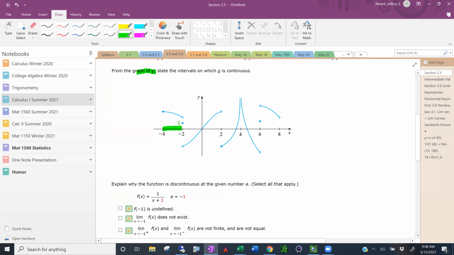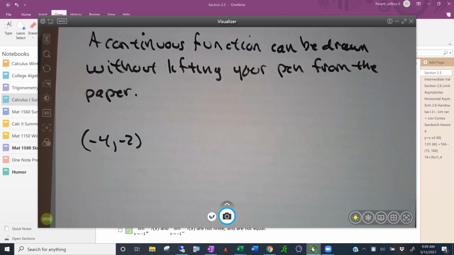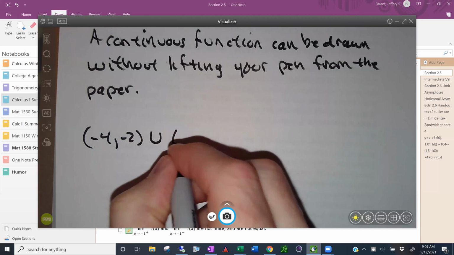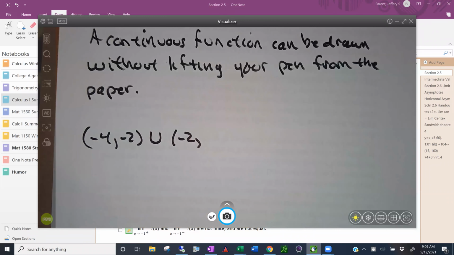For this first example, negative 4 to negative 2 is part of where the function is continuous. It's also continuous on another interval right here, negative 2 to positive 2. When you're talking about where a function is continuous, you talk about that in terms of the x-axis. So negative 4 to negative 2, union negative 2 to 2.